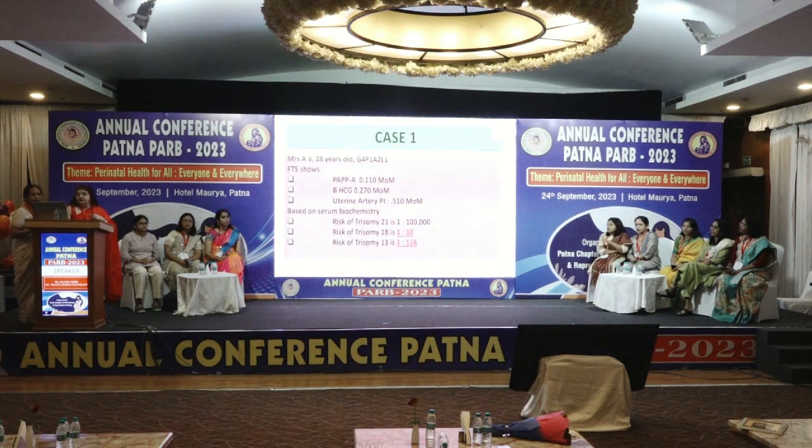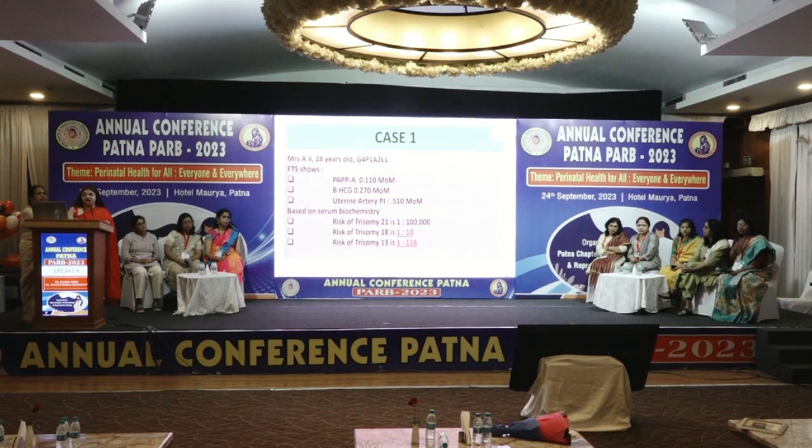Now, these are not even cases, actually, just some case reports of patients. This patient is 28 years old and has had 2 miscarriages. The first trimester screen shows these results. PAPP-A is very low, 0.1, the serum beta HCG value is given, and the uterine artery PI, because your sonologist has given the report.